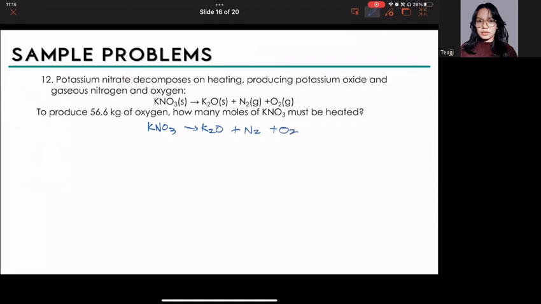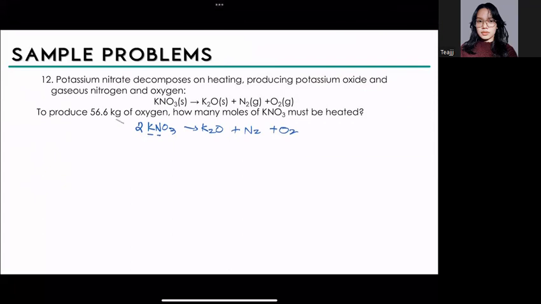Let's start with what we did kanina, dalawang K. So balance na yung K, balance na yung N, tagdadalawa. Now on this side here, we have 6 na oxygen. And then on this side here, we have 3.